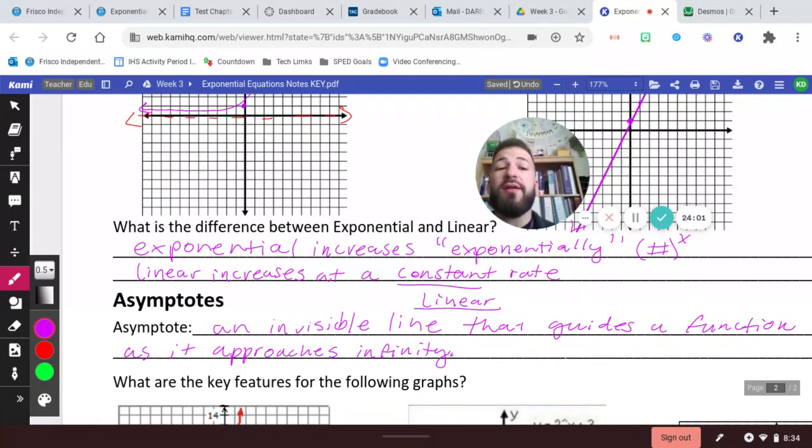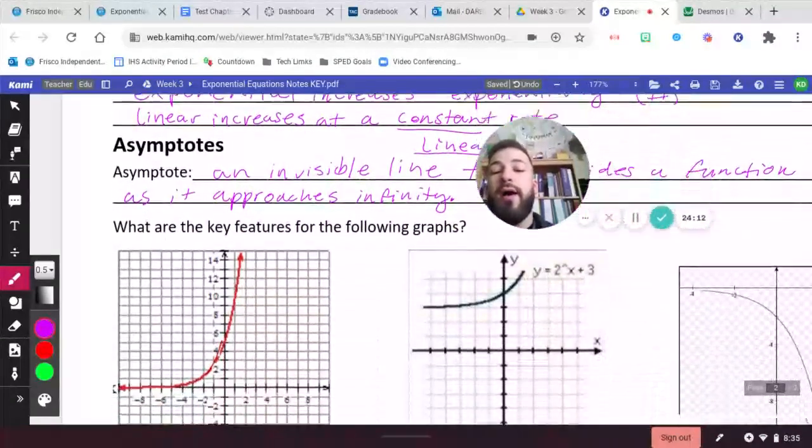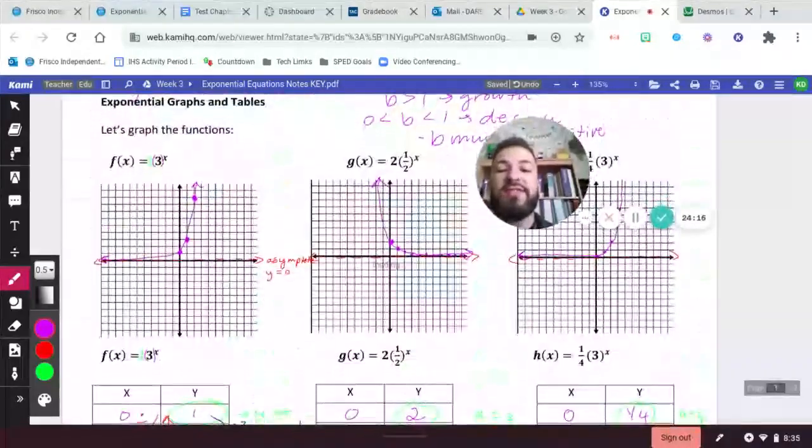So as it goes out in both directions, negative infinity and positive infinity, that's what happens as we go out forever in x. Our exponential function is guided. It approaches that asymptote without ever crossing it. Okay. So we've talked about graphing exponential functions.